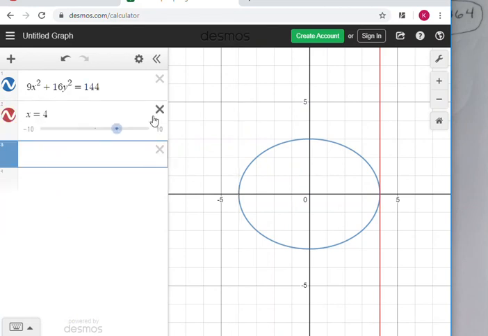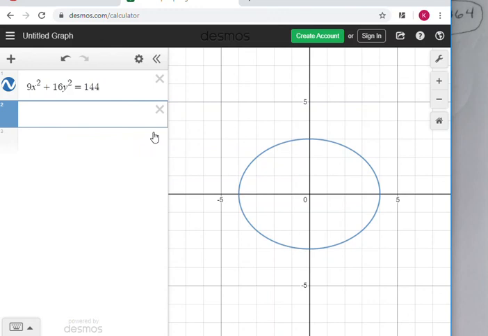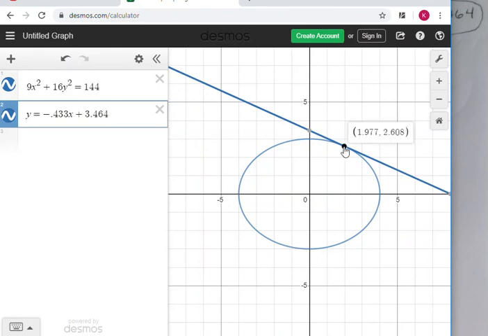All right, as long as we've got this graph here, let's go back to part A for a moment. We found the equation of the tangent line at a given point. Let's graph that tangent line too, just so we can verify. It was -0.433x plus 3.464. And you can see right here there's just about our point of tangency.